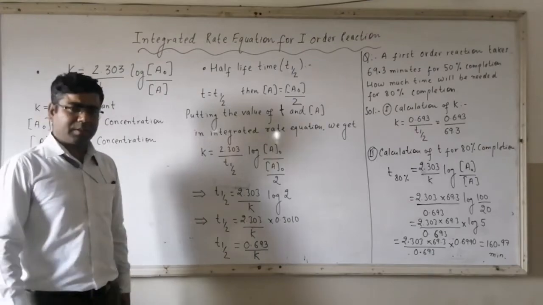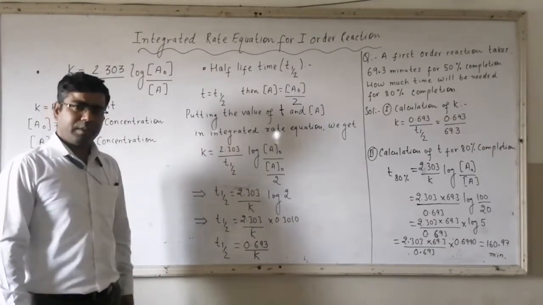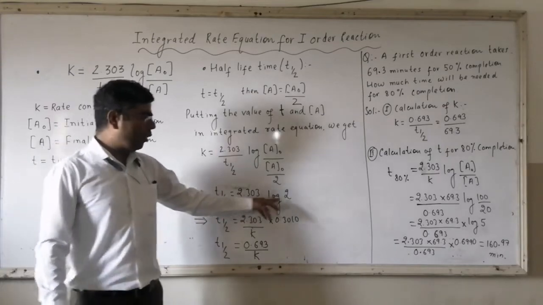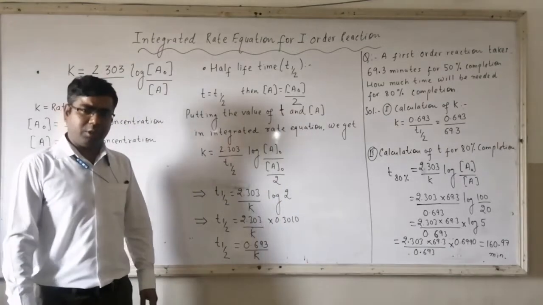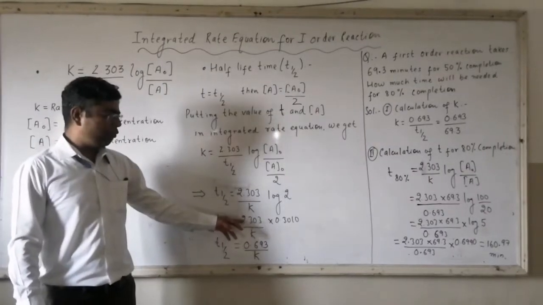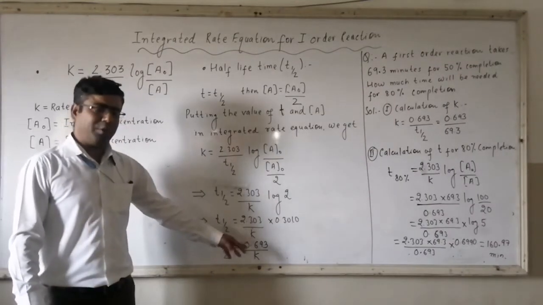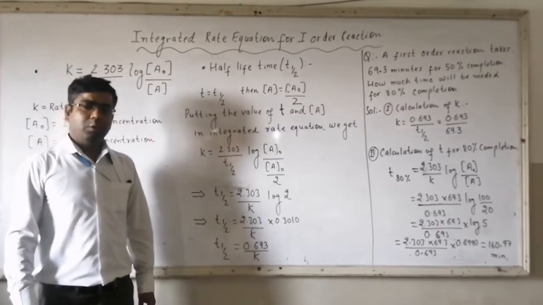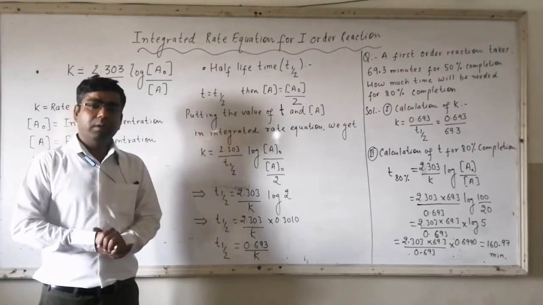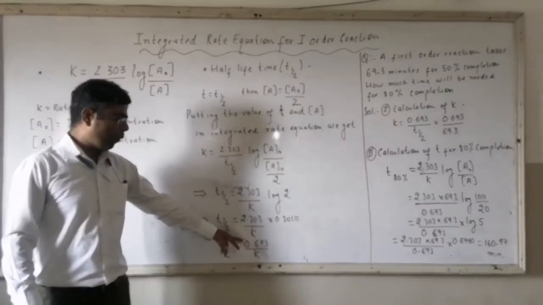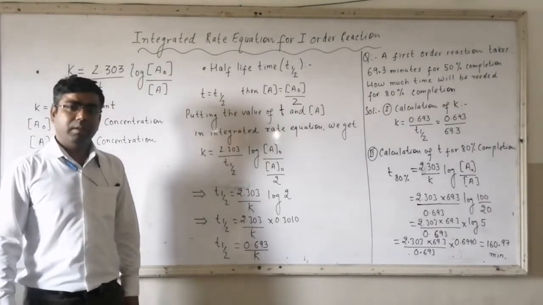So just rearrange t half and k. It becomes t half equals 2.303 by k into log 2. Log 2 is 0.3010. So multiply 2.303 with 0.3010, it becomes 0.693 by k. So whenever we talk about the half-life time for first order reaction, it is always equal to 0.693 by k.